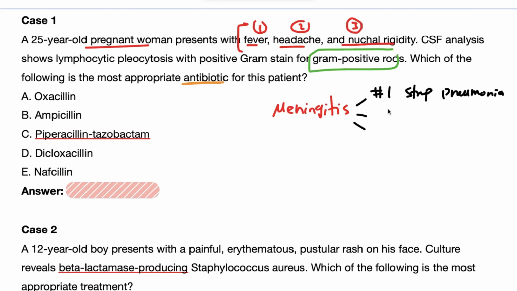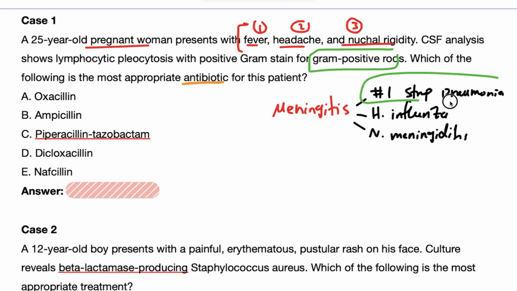Other causes that are really common include Haemophilus influenza, as well as Neisseria meningitis. So, in this situation, meningitis, the only gram-positive bacteria here is strep pneumonia.